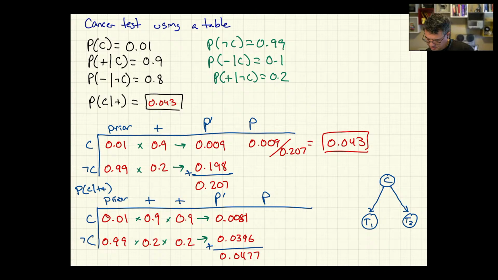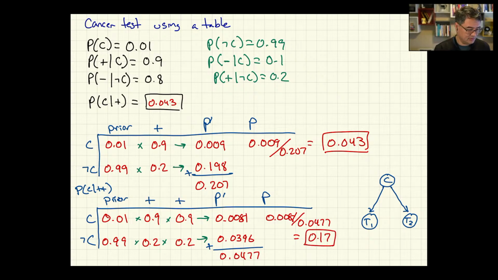And then finally, we're going to do 0.0081 divided by 0.0477. And that gives us 0.16, actually 0.17.